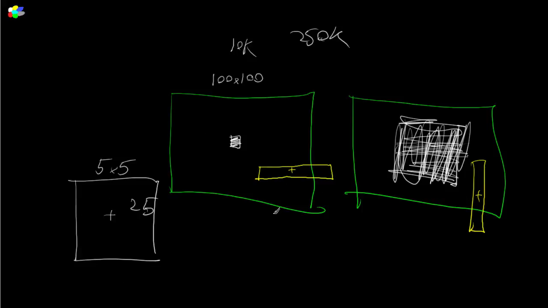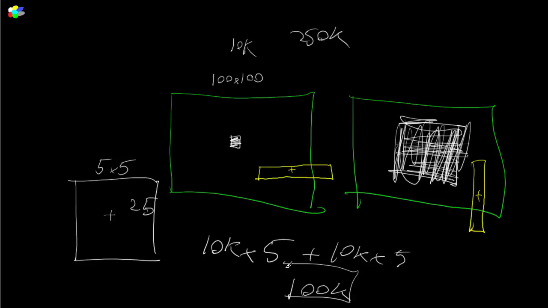Now, if you were to do it separated, first horizontal, then vertical, what do you got? You've got 10K times 5 plus 10K times 5. That's 100K. So by doing it separated, you only have to sample 100K pixels.